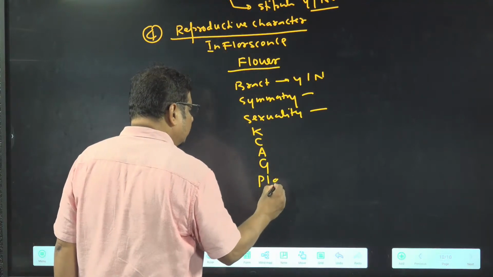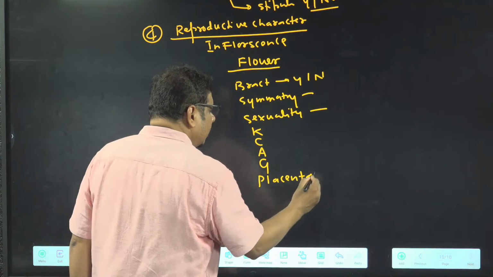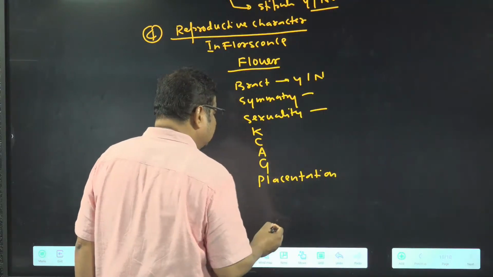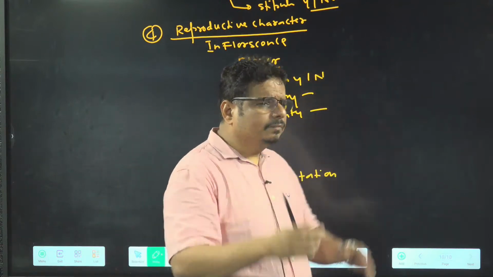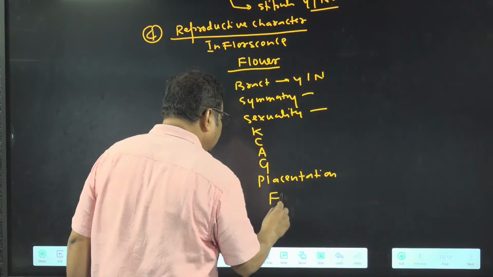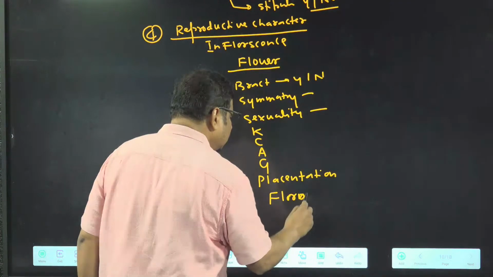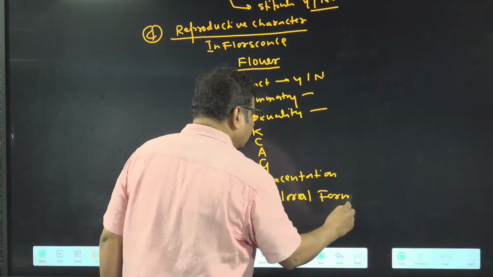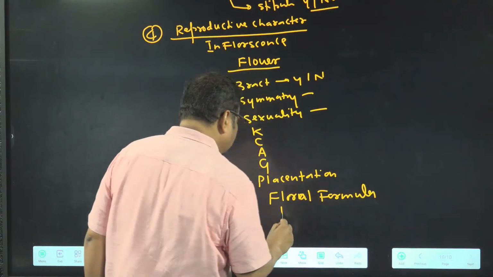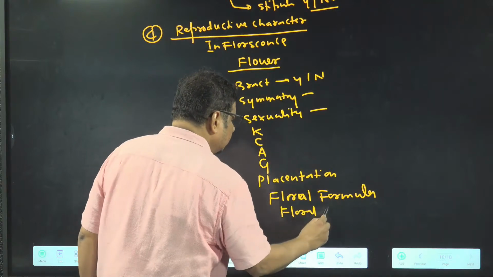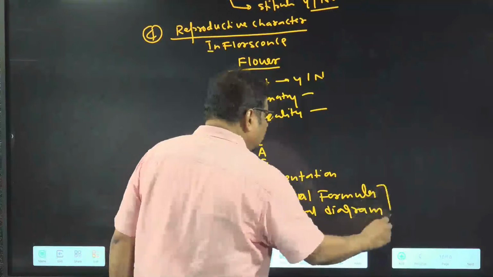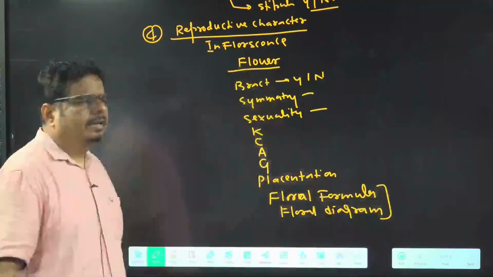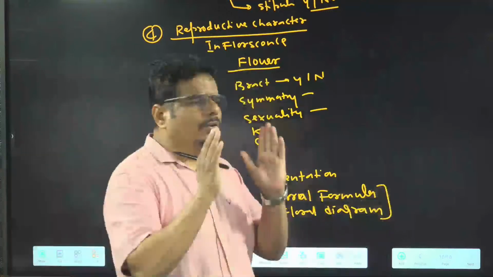Then you have to say about placentation. After telling about placentation, you have to write the floral formula and the floral diagram. These floral formula and floral diagram help you to decode the floral character.